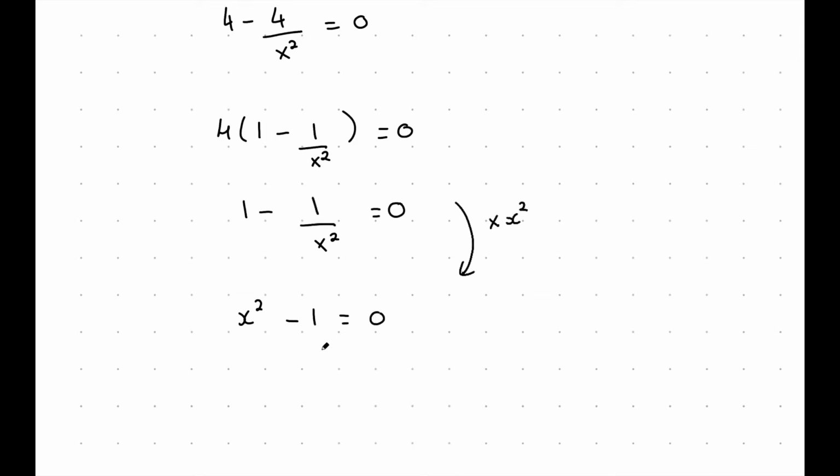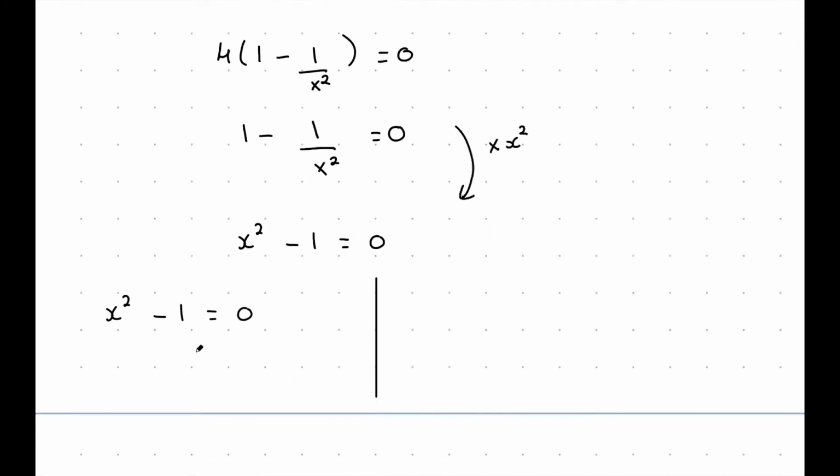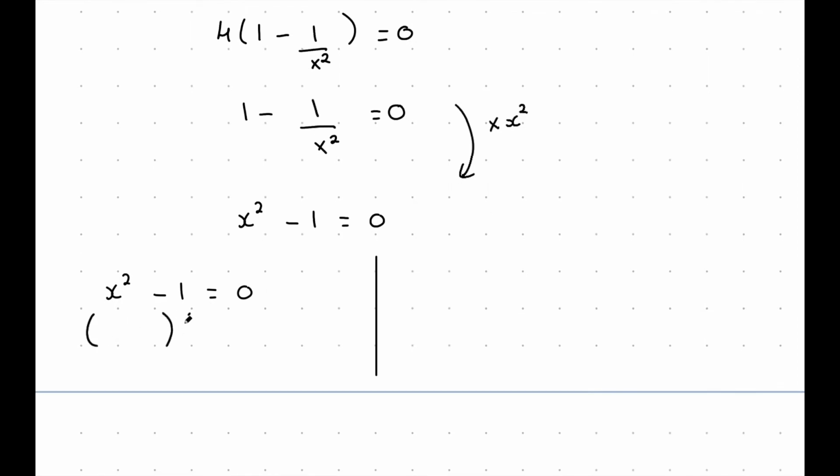At this stage, there are two different ways that you can solve this. One way is by using the difference of two squares, because 1 is a square number. If I do the difference of two squares, I will see that that factorizes down to (x minus 1)(x plus 1). I have two things multiplied together, it gives me 0.